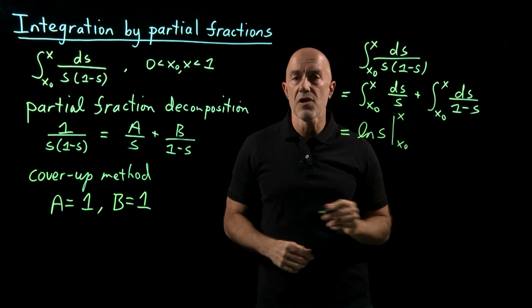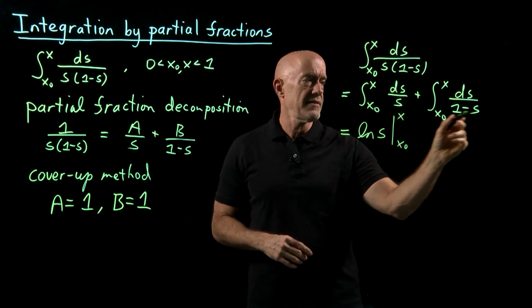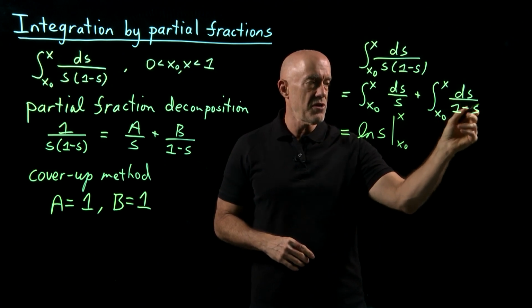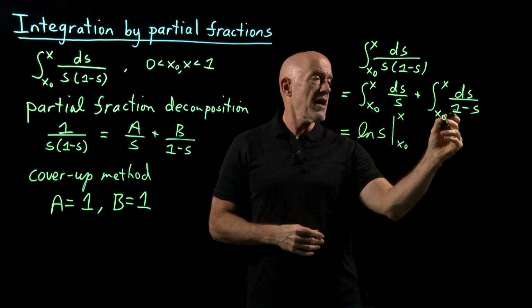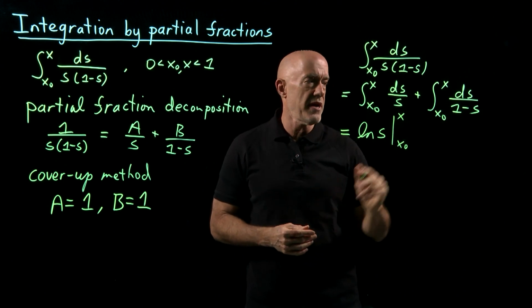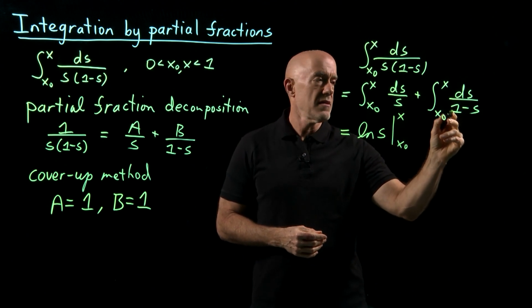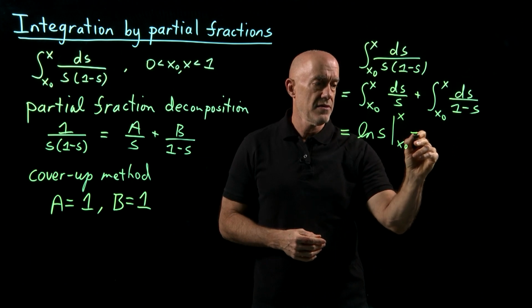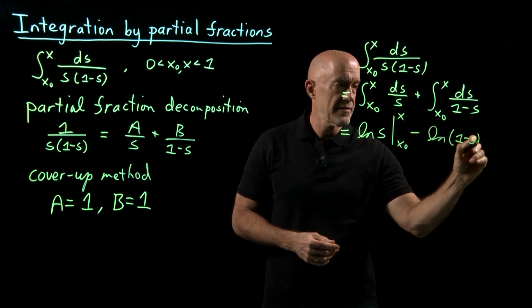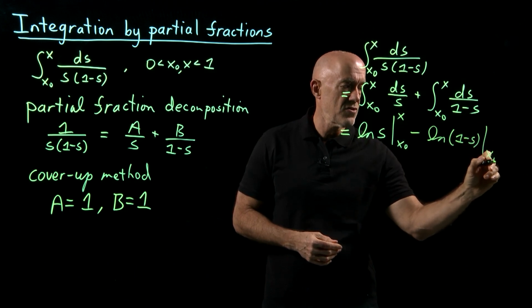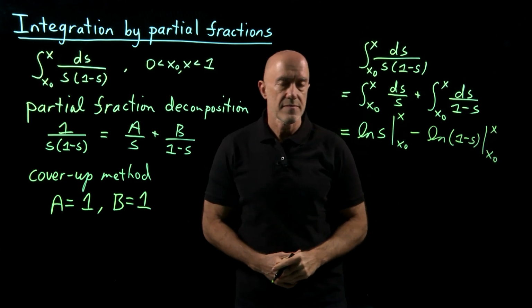And then the integral of 1 over 1 minus s, this is still positive because s is between 0 and 1, is a logarithm, but we have a chain rule here, so it's minus the log of 1 minus s, also between x naught and x.